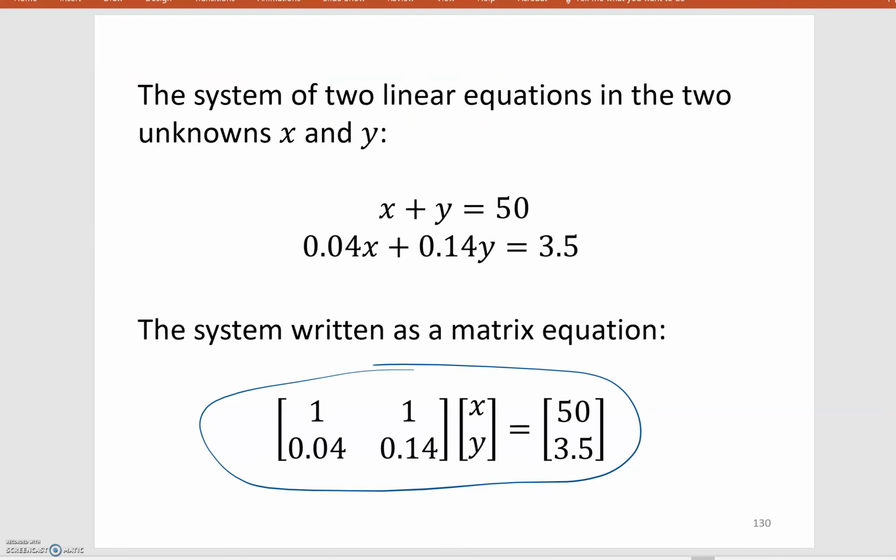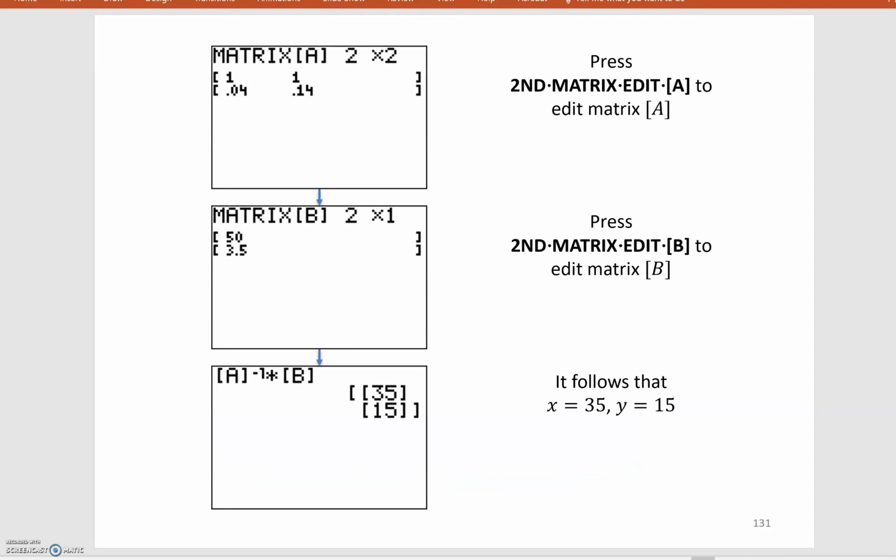And then we're going to enter this first matrix as our matrix A. This would be our matrix B, and then we'll do A inverse times B. That's a 2x2 matrix and a 2x1 matrix.